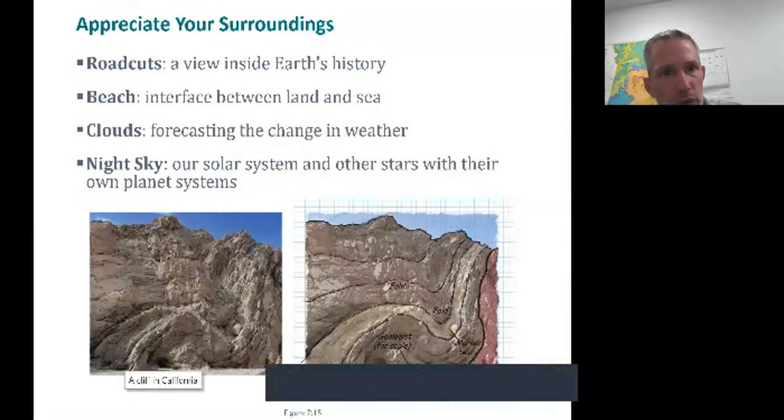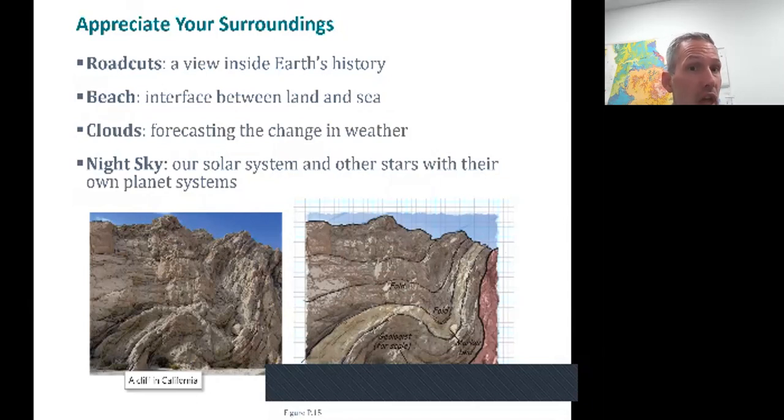I think I've already mentioned those a couple of times, where the highway needs to be level, or as level as it can be, so they will blast out part of the hillside and expose this cut along the road, called the road cut. And so we can see an image of these different layers of rock, sedimentary rock layers.